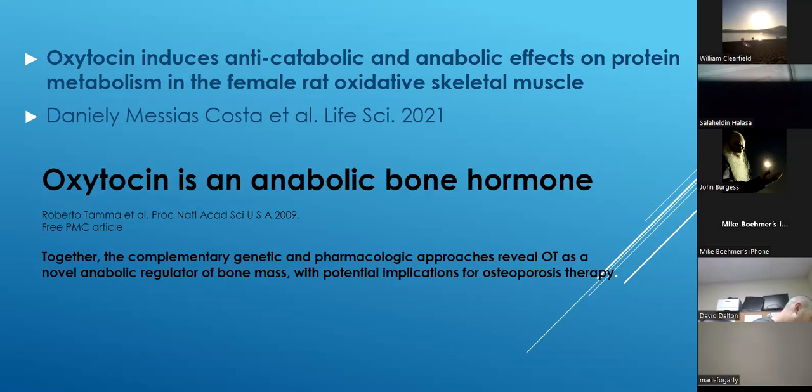It has an anabolic effect, so it stimulates protein synthesis, and it definitely helps to regenerate the muscles and the bones, and increase the bone mass as well. So oxytocin is an anabolic bone hormone. So we can use oxytocin to manage osteoporosis. For postmenopausal patients, we may consider not just sex hormone, but oxytocin to manage menopausal osteoporosis, osteopenia and sarcopenia, right?